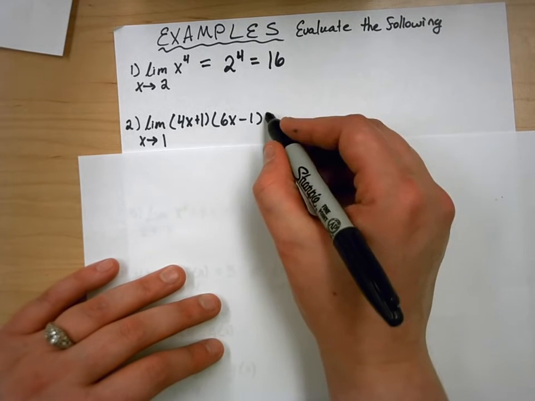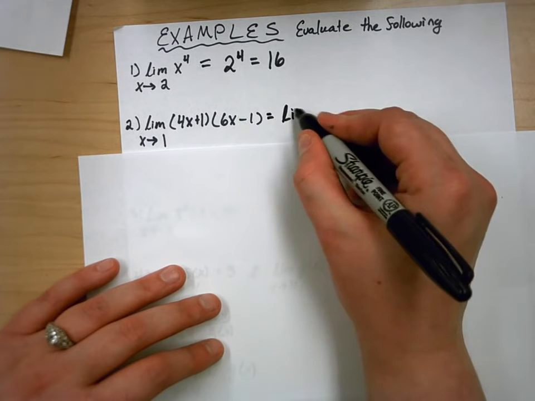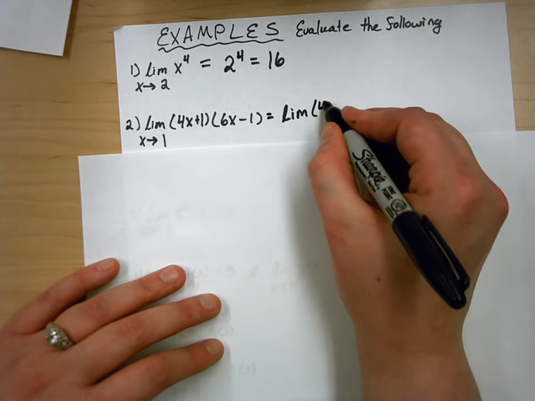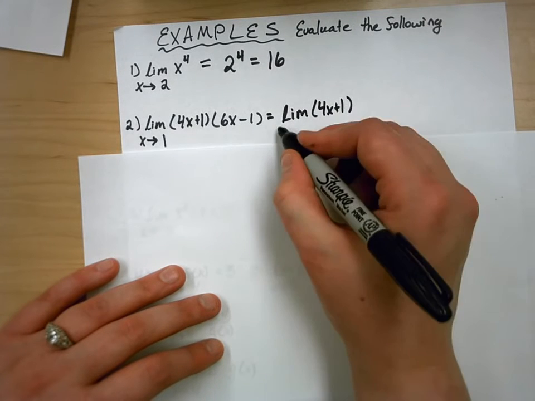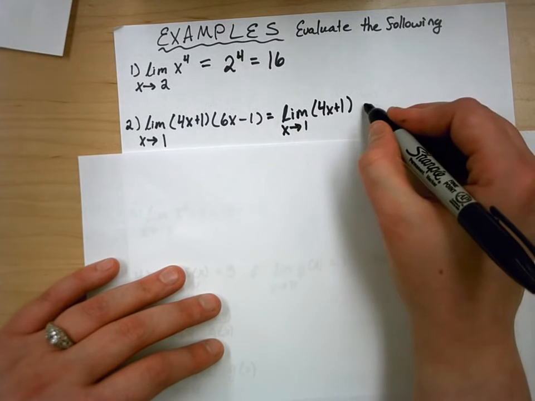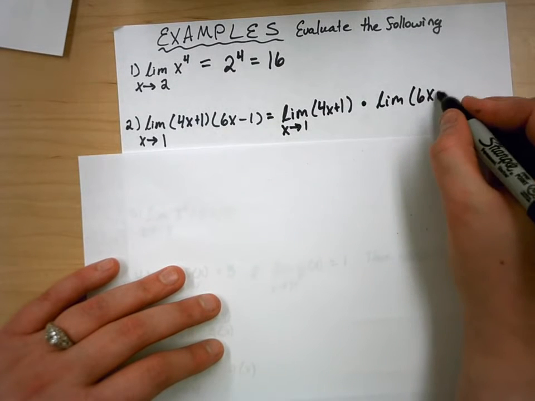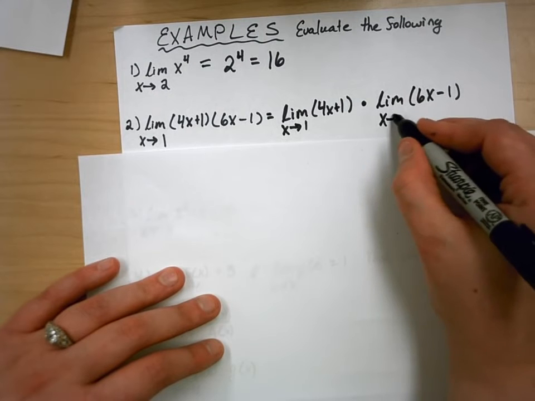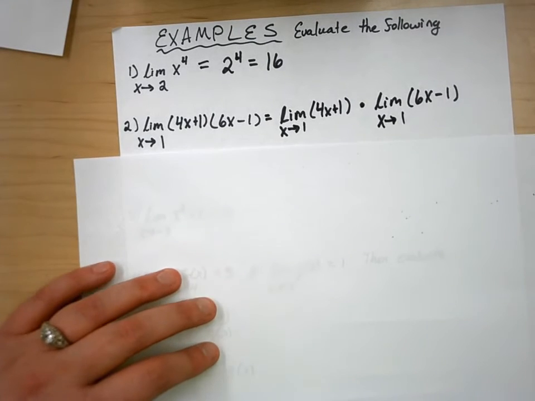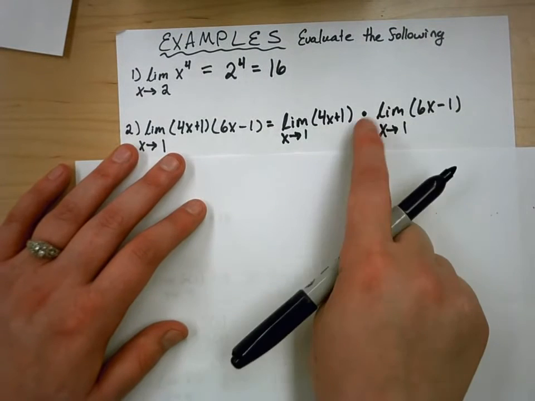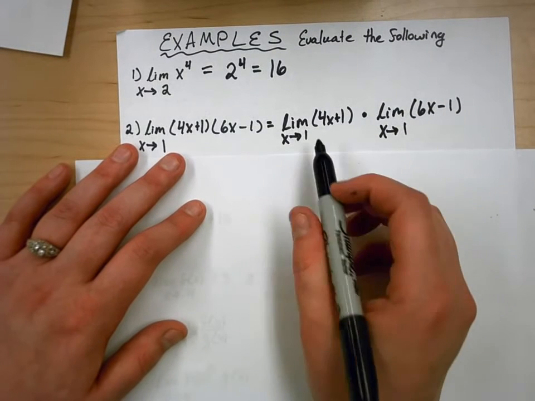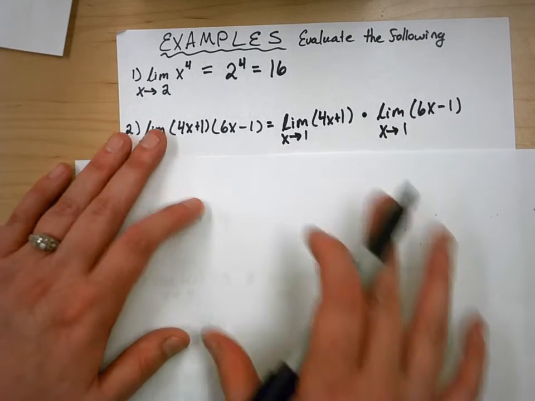Now, I can break this up into the limit of 4x plus 1 as x approaches 1 times the limit of 6x minus 1 as x approaches 1. Now, I know that these both are continuous functions, so I can just plug 1 into both.